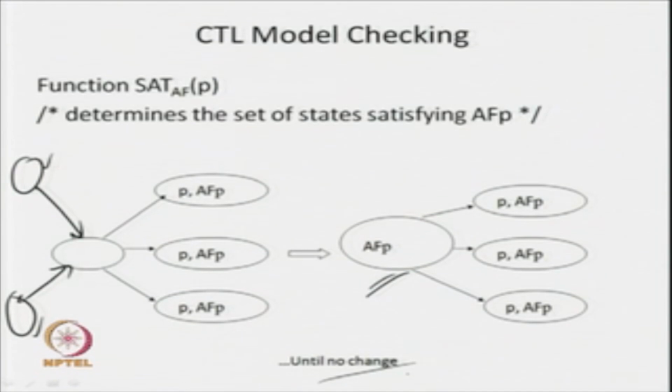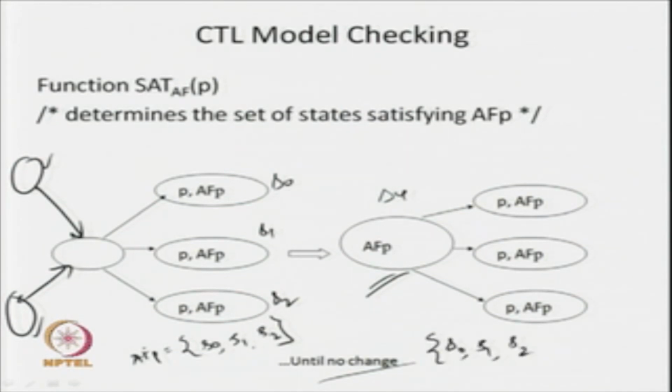Initially, where AFP is true, I can say it is true in S0, S1, S2. These are the three states. When we have done this step, say this is my S4, the set of states where this formula is true becomes S0, S1, S2 and S4.